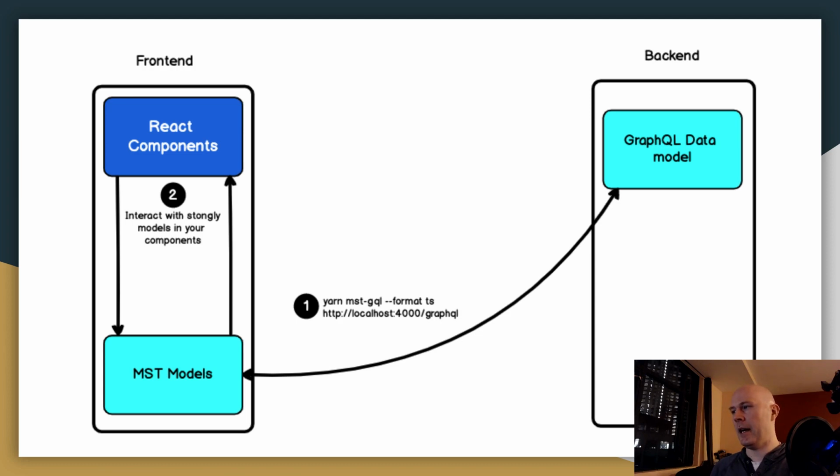And then the first step is you run that compile time command, the yarn mst-gql command with your endpoint. That'll generate all your types locally. And then you can interact with those, and you can extend those models, which is how you actually manage your local state. And you can create computed properties and much more. It's super powerful.